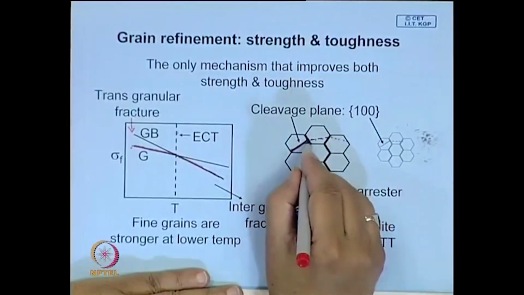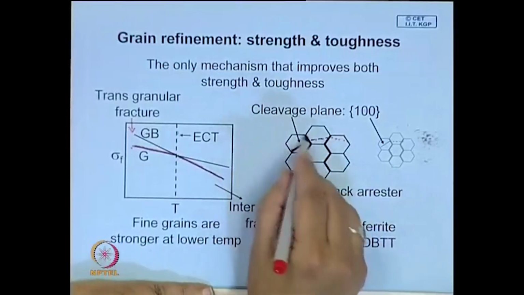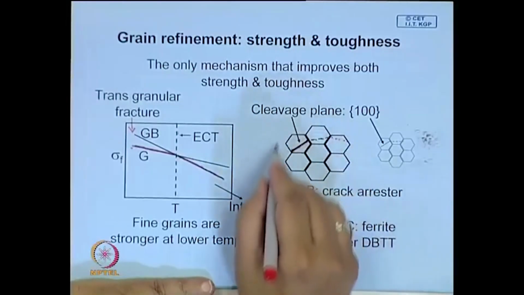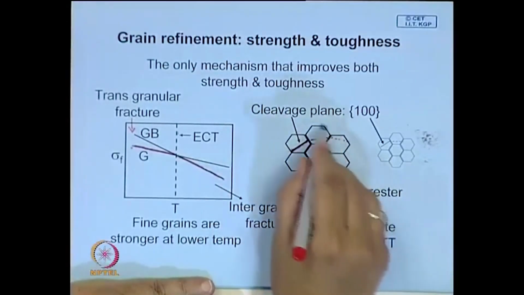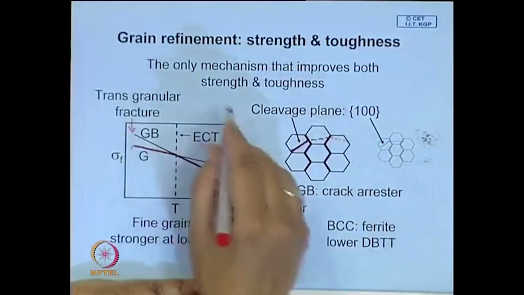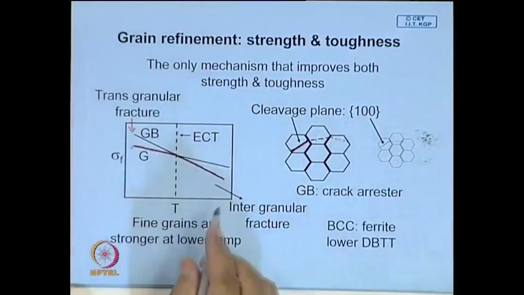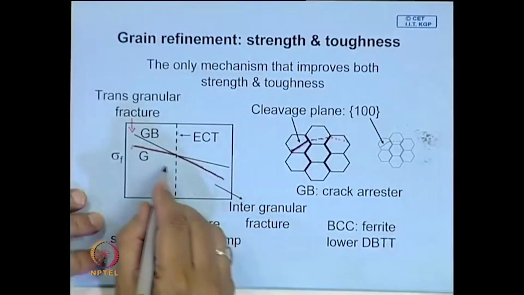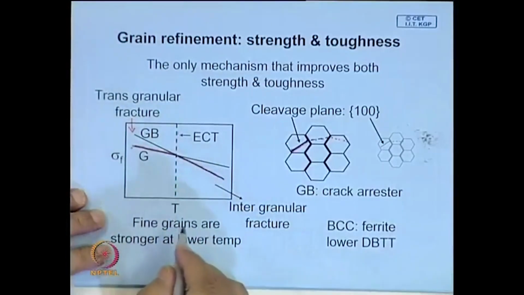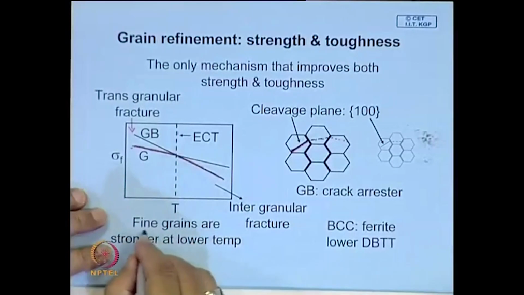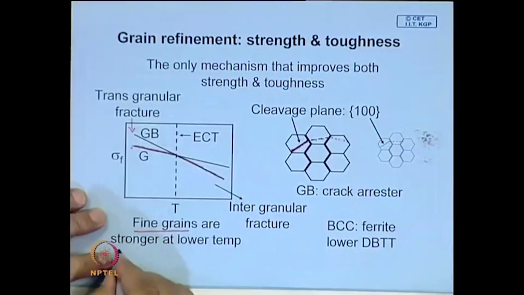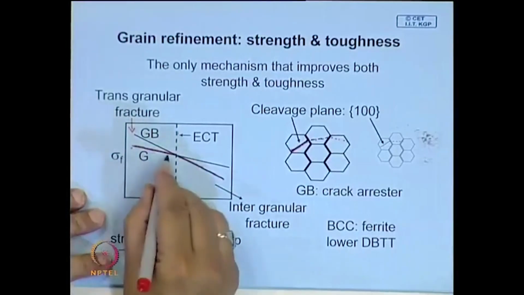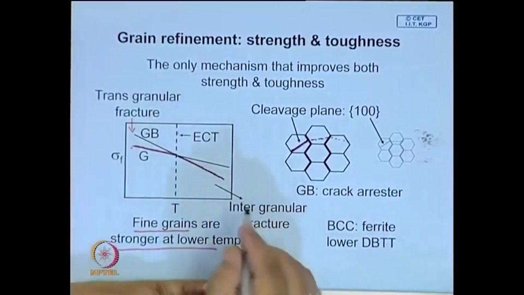Therefore, the crack stops. So, the strength of a polycrystalline material will be influenced by grain size. Fine grain structures are stronger at low temperature, which you see here.